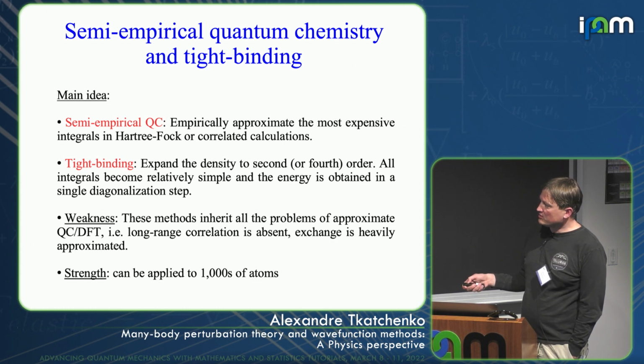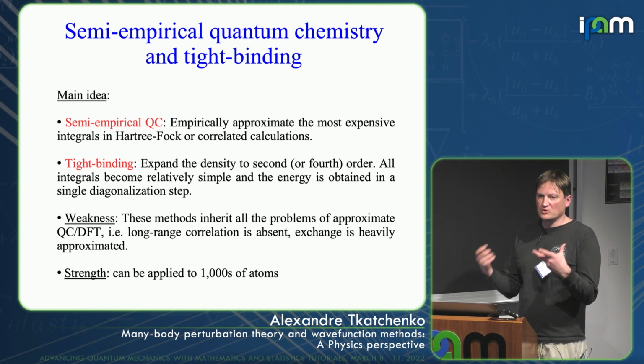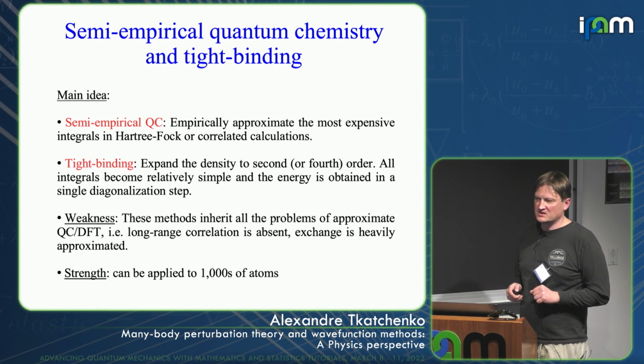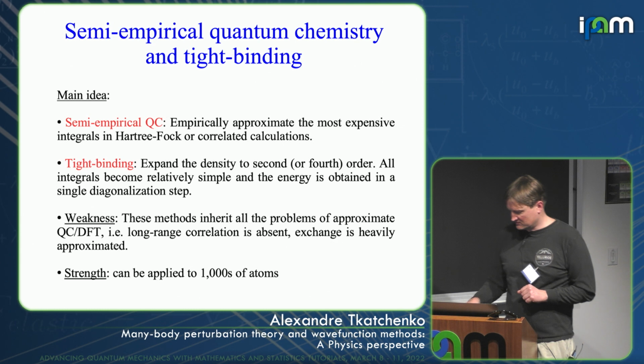Then all integrals become relatively simple, and you can basically solve the many-body Hamiltonian based on an effective atomic representation of electron density. The weakness is that these methods inherit all the problems of approximate methods, so long-range correlation is absent, exchange is heavily approximated, and so on.